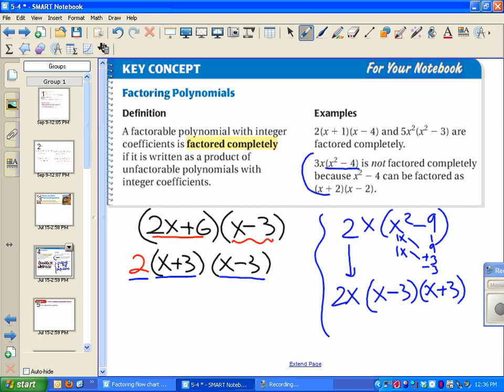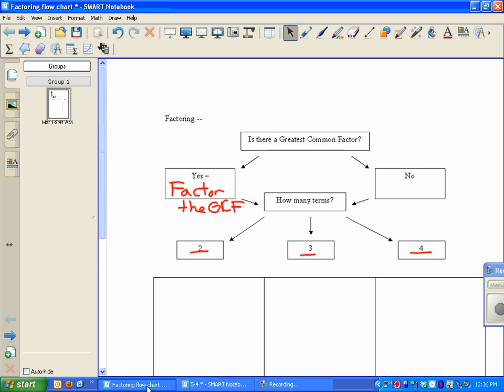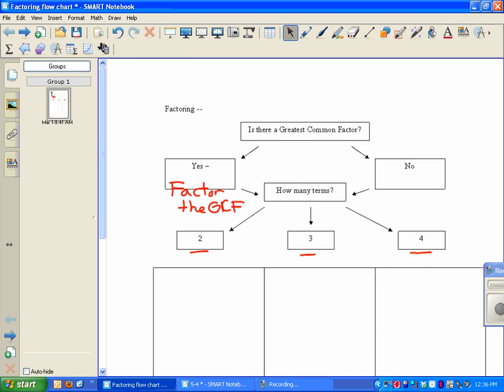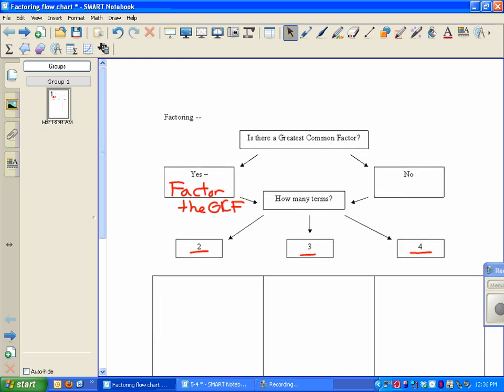So go back to your factoring chart. If you get 2 terms, one of those is going to be a difference of squares. So that's one of the 2 terms. We'll have 2 more to fill in later, but difference of squares. We could just use our example.